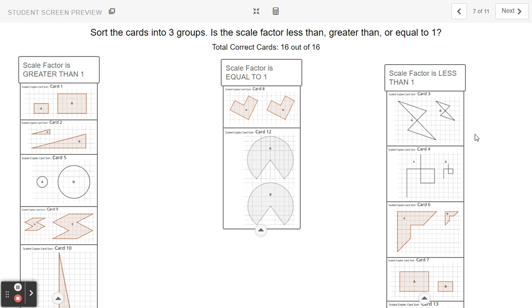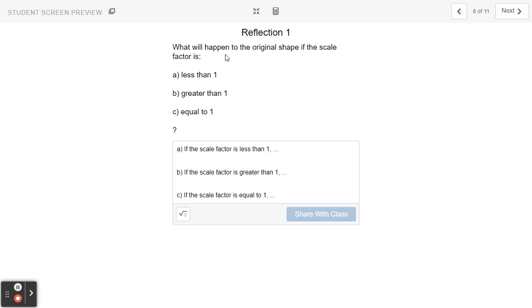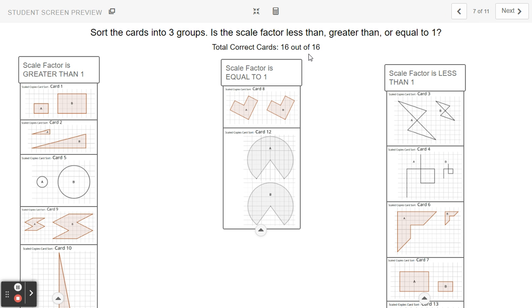Before I move on, because in this next slide, it's going to say what will happen to the original shape if the scale factor is less than 1, greater than 1, and equal to 1. So we're actually going to come back and look at this to decide that, right? So I'm going to look at greater than 1. So in all of these, our original figure, the scale factor was greater than 1 when we went to the B figure.